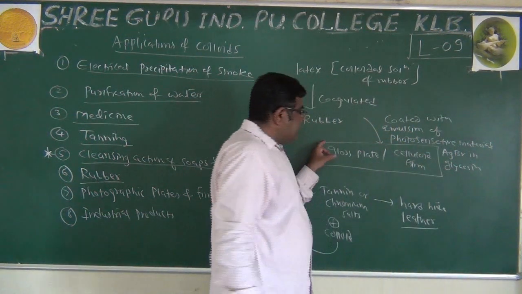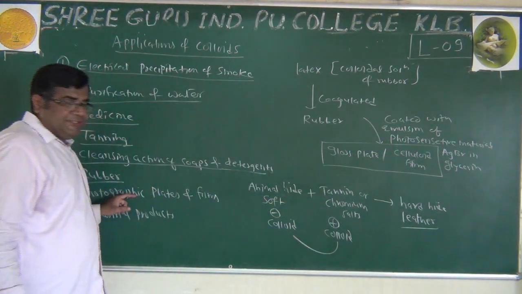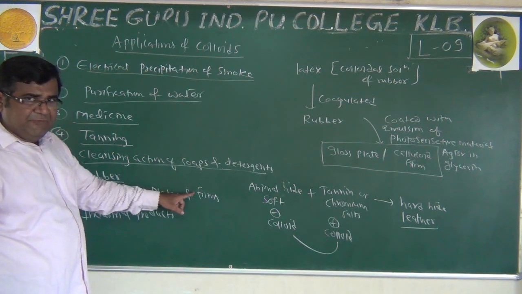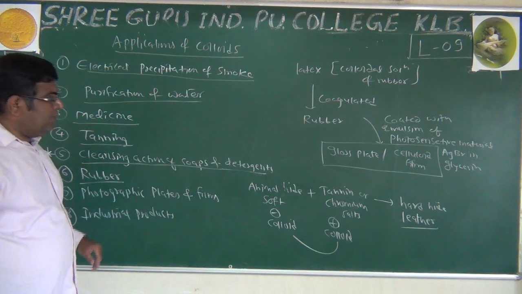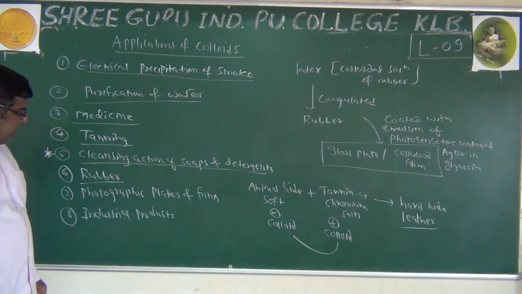It is coated on it, and that becomes the photographic plate. If you take celluloid film, it becomes the photographic film. So in the formation of those photographic plates and films, the colloids are used.